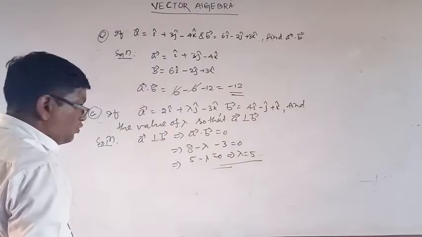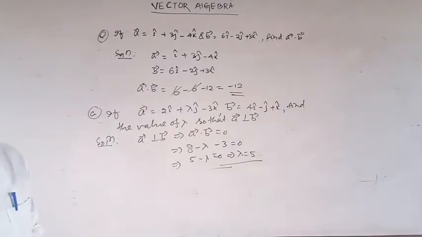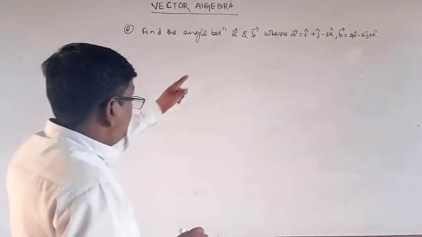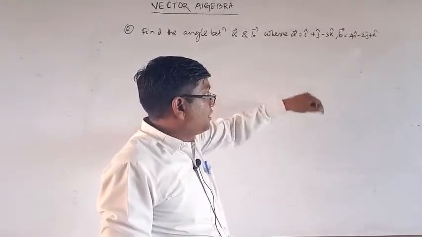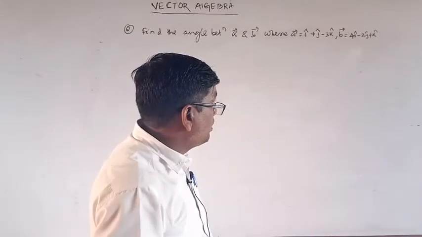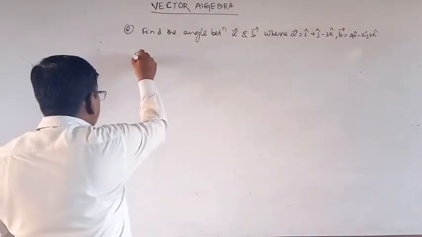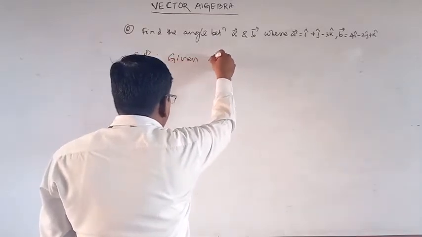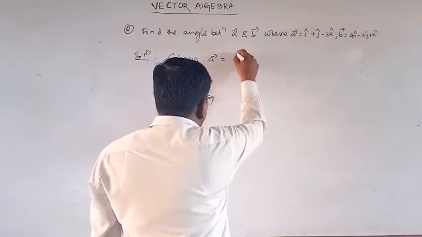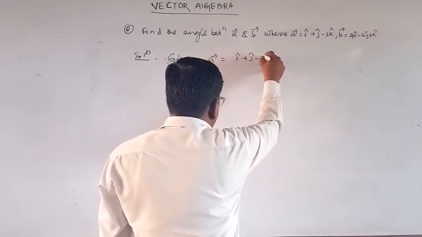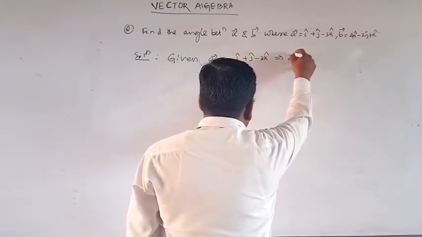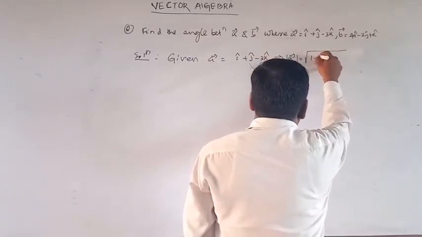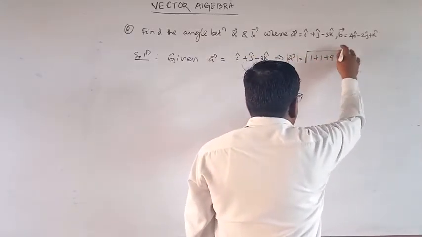Find the angle between two vectors A and B, where A is equal to i cap plus j cap minus 3k cap and B is equal to 4i minus 2j plus k. Solution: given A is equal to i cap plus j cap minus 3k cap. That implies magnitude of A is equal to square root of 1 square 1 plus 1 plus 9, root over 11.